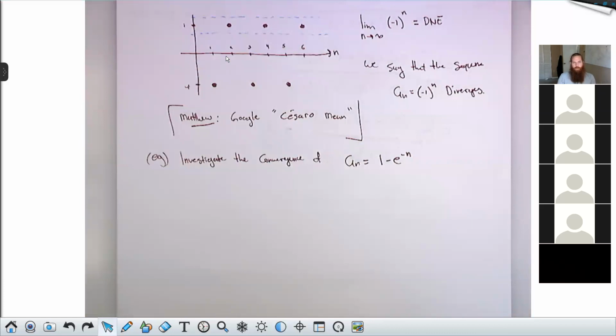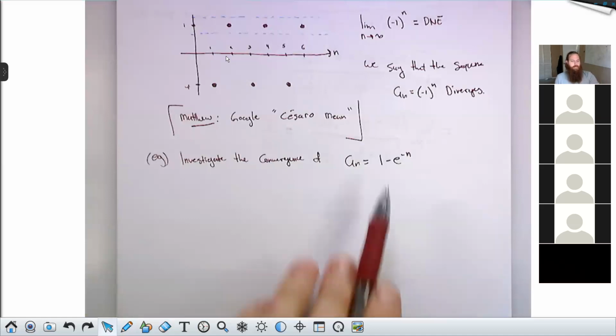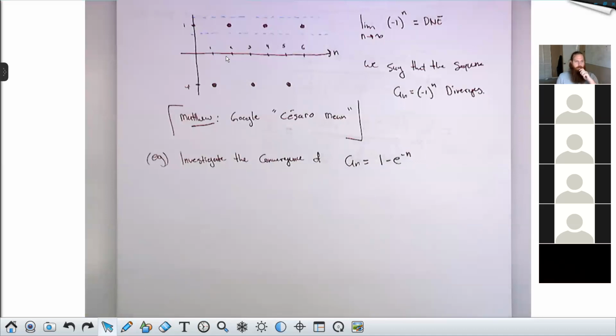Any ideas what I could do here? So I'd like to know whether this sequence converges or diverges. What should I do with it?